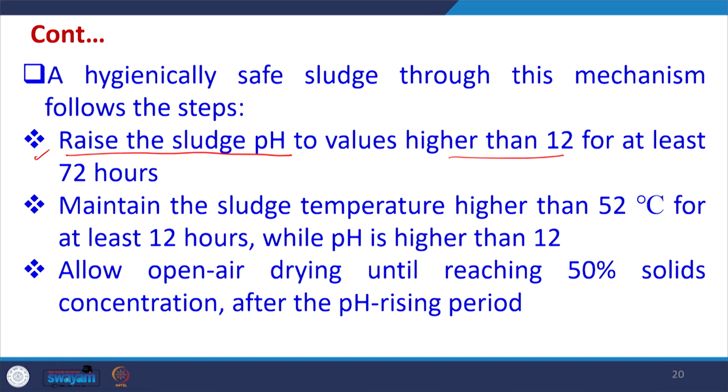We maintain the sludge temperature higher than 50 degrees centigrade for at least 12 hours, while the pH is still higher than 12. This allows open air drying until the solid concentration reaches 50%, after the pH rising period. So, through this we can control the pathogens present in the sludge.